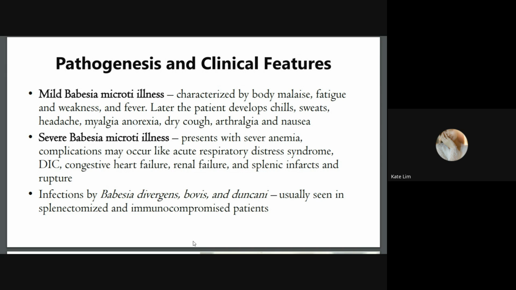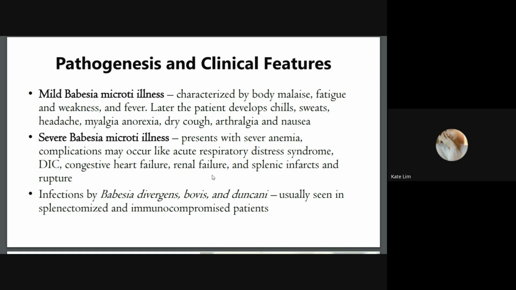For species like Babesia divergens and Babesia duncani, infections are far more aggressive, primarily affecting splenectomized or immunocompromised individuals with high mortality rates. And again, what's striking in these clinical features is the absence of schizonts and gametocytes in the blood films.